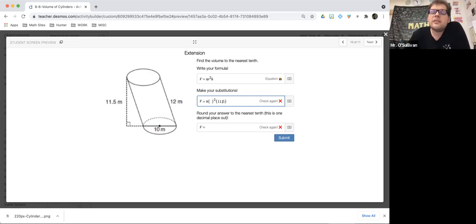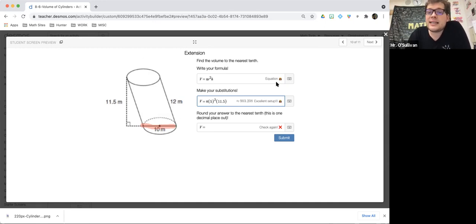And now I want to plug in my radius. We're running into the same issue we ran into a little before. If you look, my base has a diameter of 10. It doesn't have a radius of 10, it has a diameter of 10. So I need to ask myself, what's my radius? So I take my 10, divide by 2. What's 10 divided by 2? 5. So I'm going to plug in 5 for my radius.